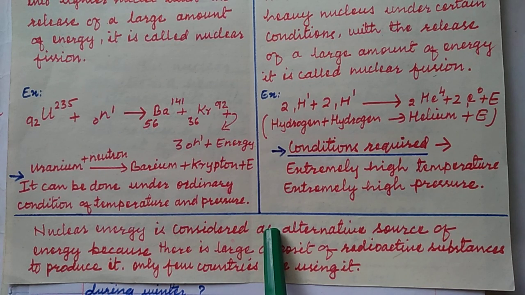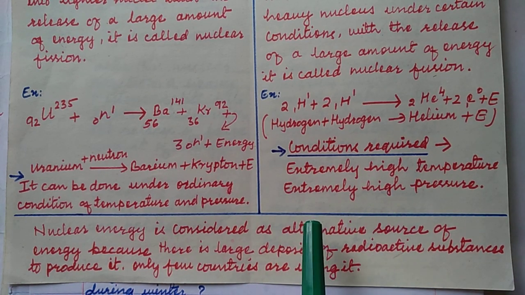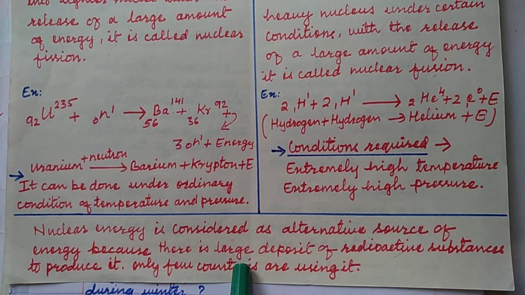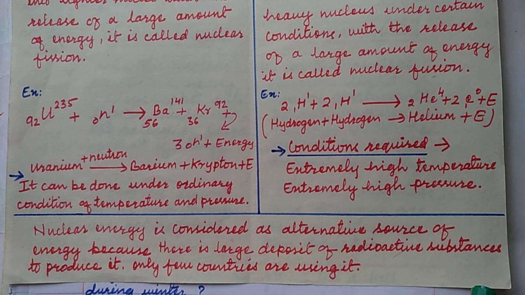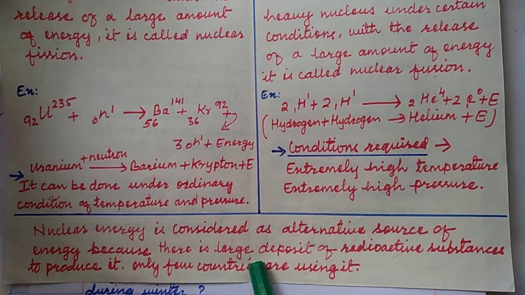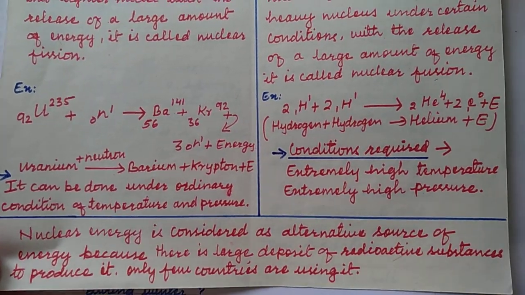So this way it is a non-renewable source of energy, although it is considered an alternative source of energy because there is a huge deposit of radioactive substances which have not been used so far. Only a few countries of the world are using it. That is why a large amount of energy can be obtained from these radioactive substances. That is why it is considered an alternative source of energy.